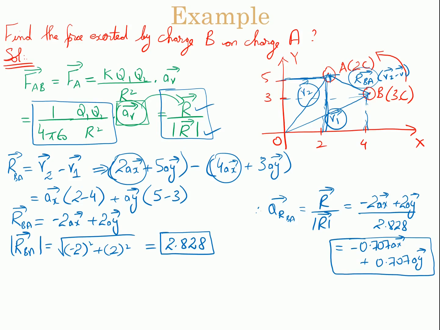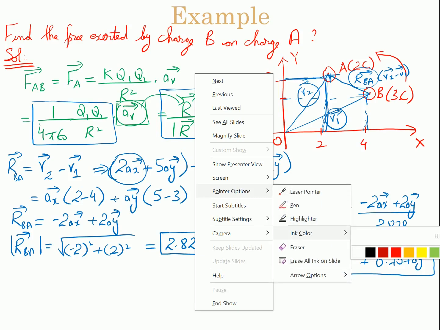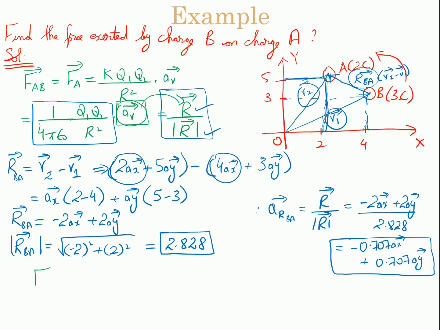So finally, if I just go for my answer, the force applied on A from charge B, or F of A, comes out to be, just incorporate the value. I know this equation is 9 into 10 raised to power 9, so I can directly put it as such, 9 into 10 raised to power 9 meters per farad.